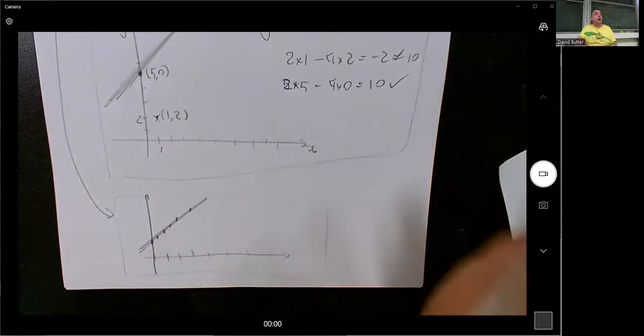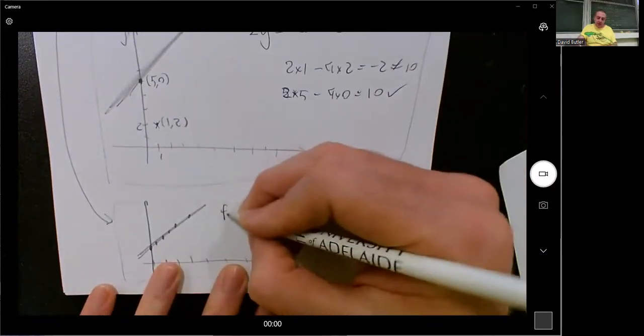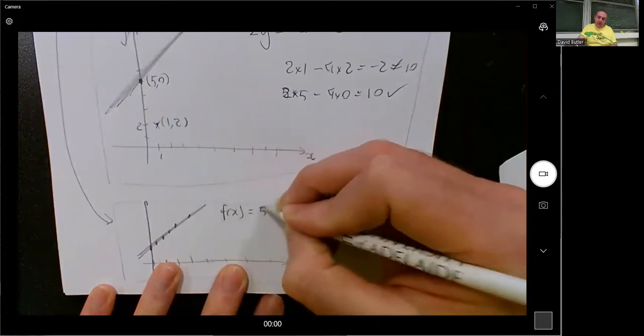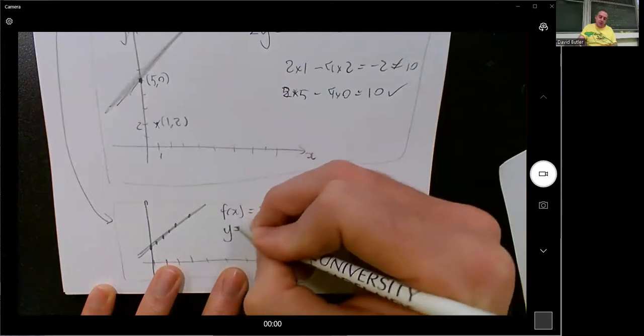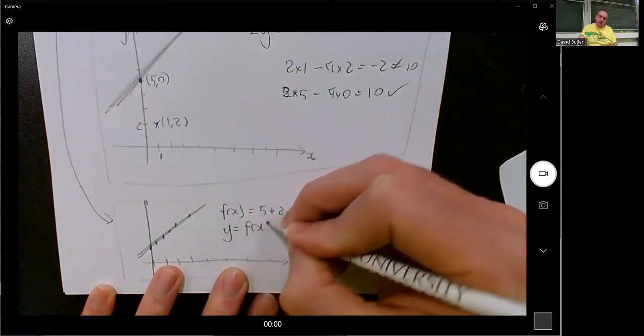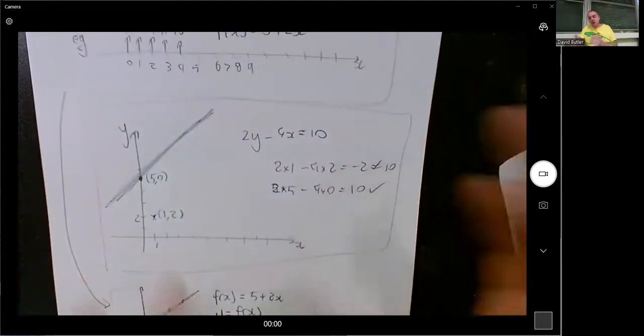So I have two different ways to produce the same picture. This one is saying that there is a function which says 5 plus 2x, and I'm going to say that the value of y is the same as what the function produces. And this one is a random formula.